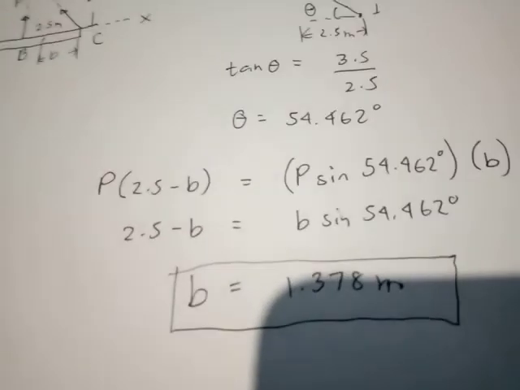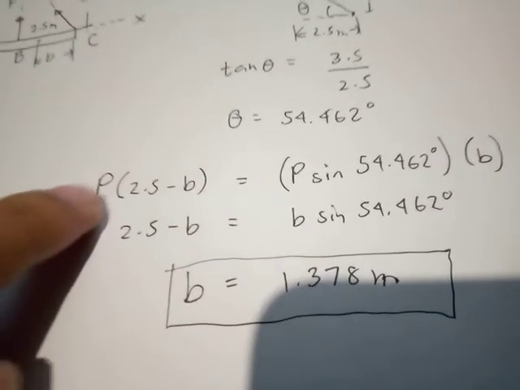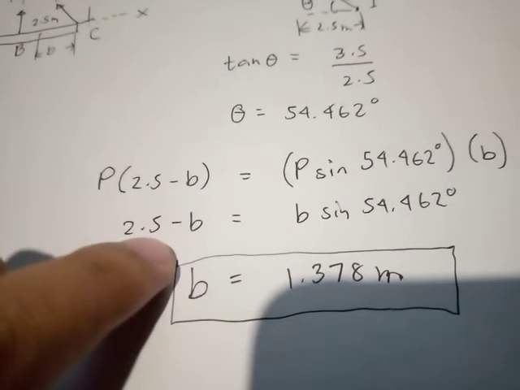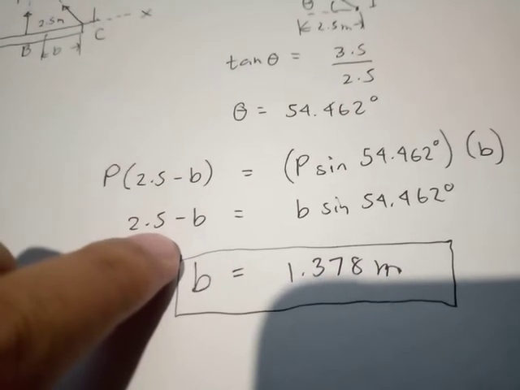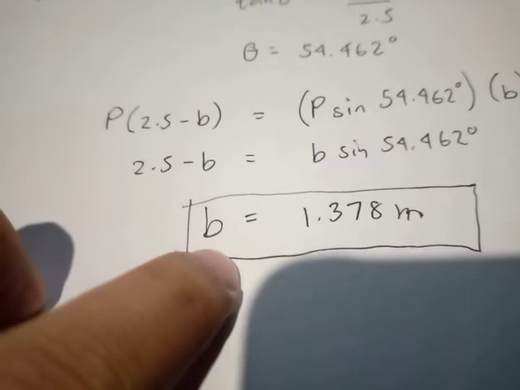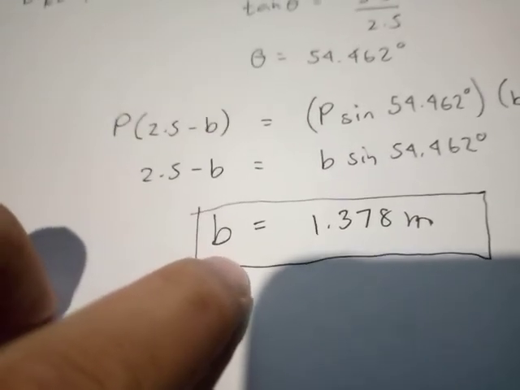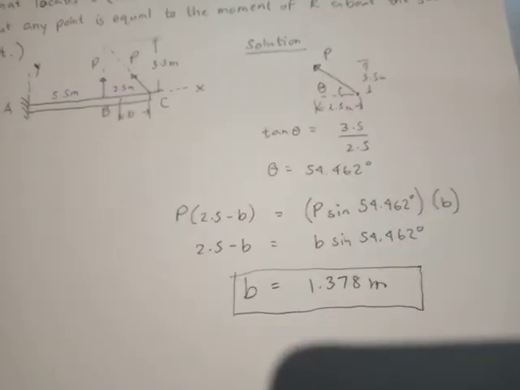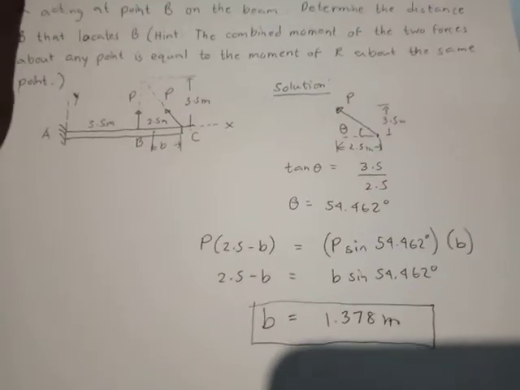To make the long story short, we can cancel out the P, and therefore 2.5 minus b is equal to b sine 54.462. By algebraic manipulation, we get b is equal to 1.378 meters. So the answer is b is 1.378 meters.